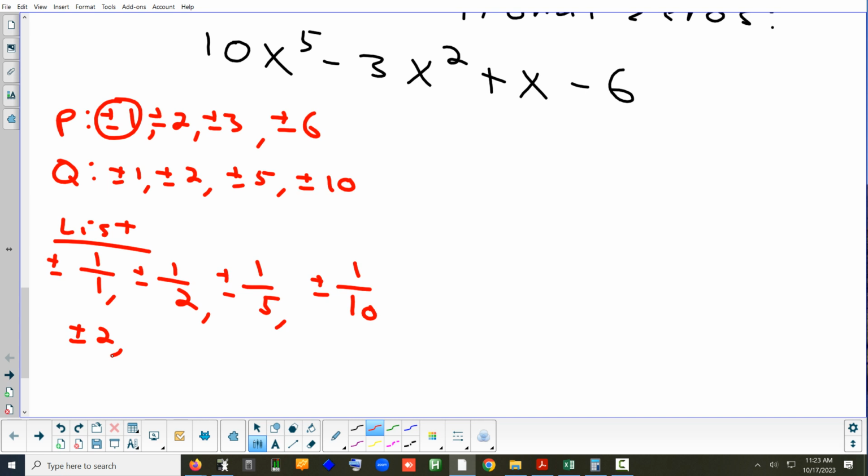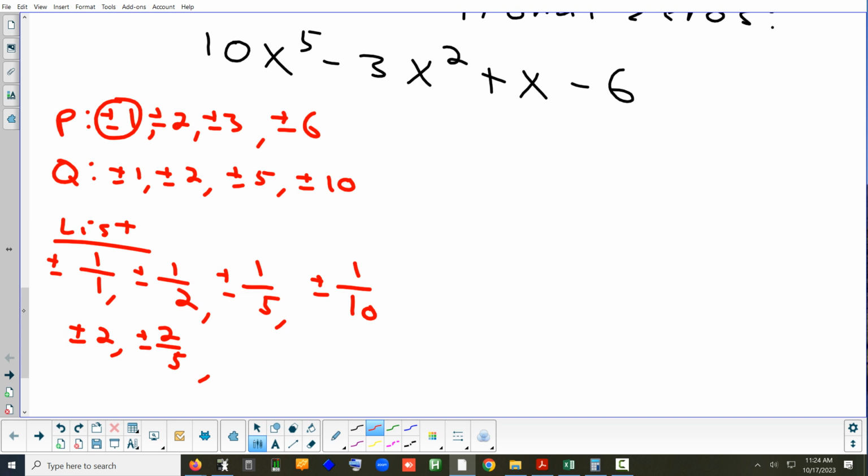So we don't have to write 2 over 2. Next one would be 2 over 5. Don't have that. And the next one would be 2 over 10, but 2 over 10 is 1/5. So that's another repeat. So that's all the ones with a 2 in the top.